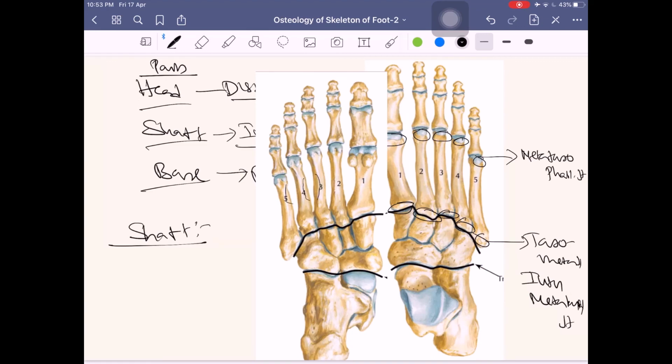So this plantar view will give, on both sides of the shaft, bipinnate muscles. These bipinnate muscles are your interossei. So your dorsal interossei are arising from the plantar aspect of the shaft of all your four lateral metatarsal bones. So that's about your metatarsals.